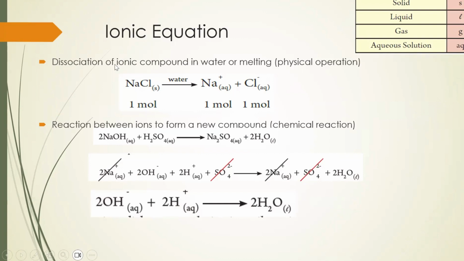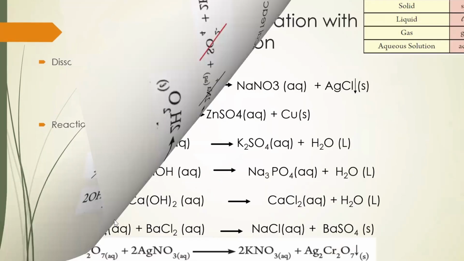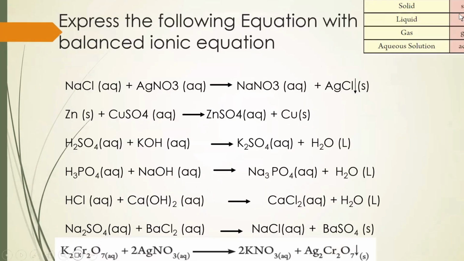So this is the explanation of how we do the ionic equation, the dissociation of ionic compounds in water. And this is what we did now. We wrote any aqueous compound as its ions, and the water remains the same. And when we cross them out, we write the remaining as the ionic equation.